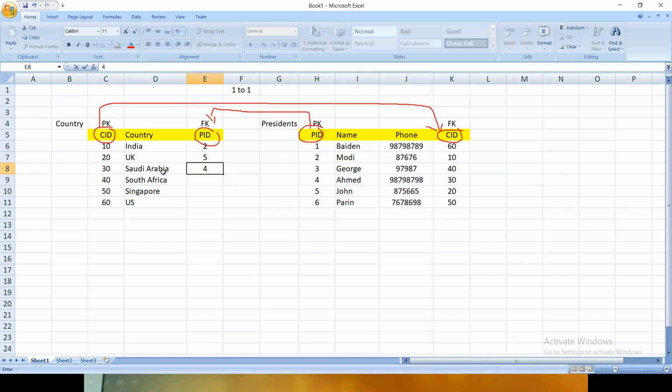Like that you can have the data. South Africa 40. Where is the 40? George. So you can have 3 here. Singapore president. Singapore is 50. 50 is Per, 6. Something like this. We have US. US is 60. So it is Biden, 1. Okay.